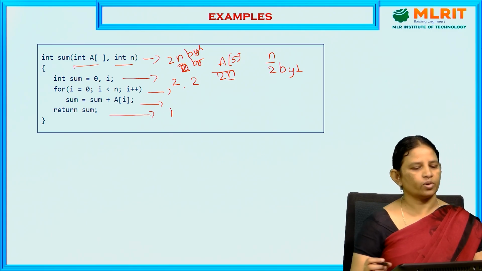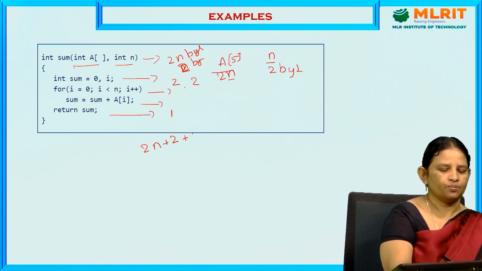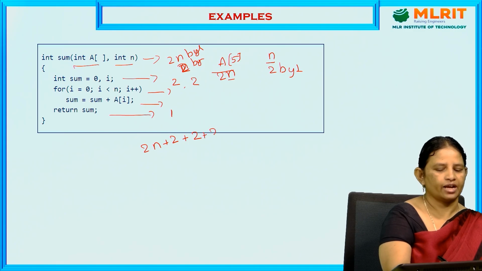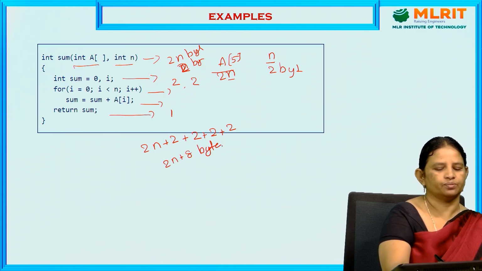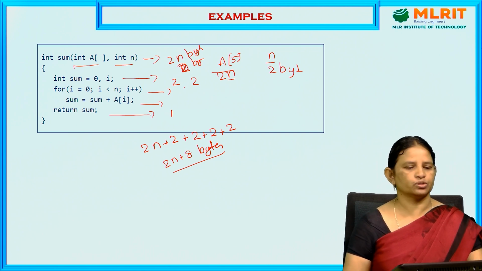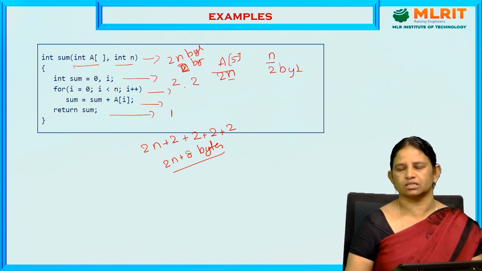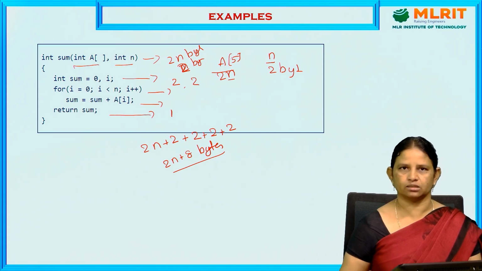So total, how much memory is required? 2n plus 2 for n, 2 bytes for sum, 2 bytes for i, and 2 bytes for the return statement. Total 2n plus 8 bytes of memory is required to store all these instructions.